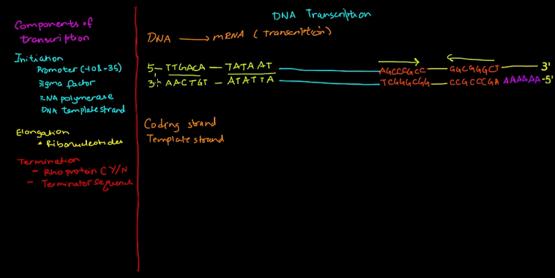The coding strand is the strand that has the promoter sequence embedded in it. So this strand that has the -35 consensus sequence and -10 consensus sequence is the strand that has the promoter sequence. This is our coding strand. And the strand that is complementary to our coding strand is our template strand.